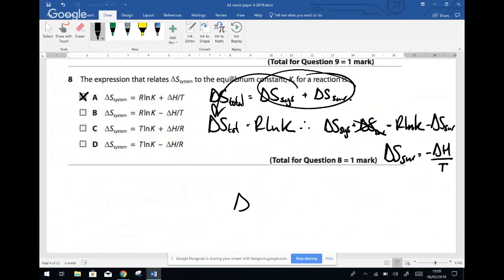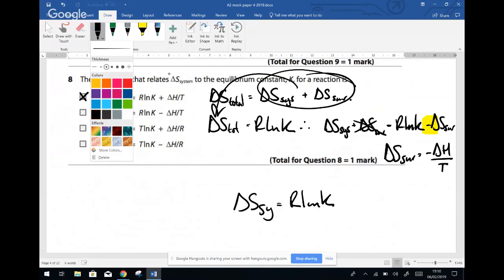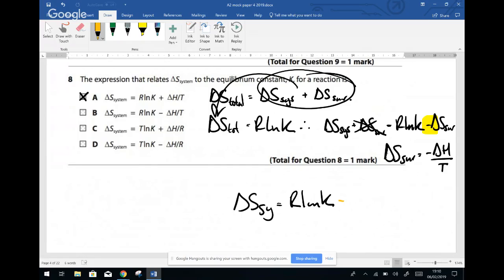So we get delta S system equals RlnK minus, which drops in there, I'm going to draw that in as yellow, minus all of this in brackets, minus delta H over T. Well, if you make the brackets vanish, a minus and a minus become a plus.